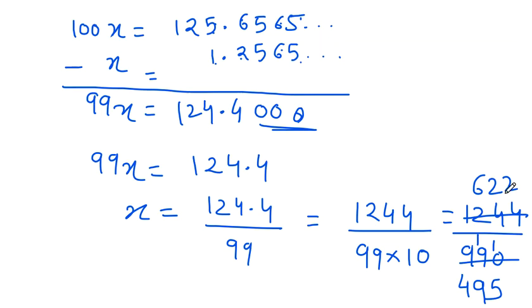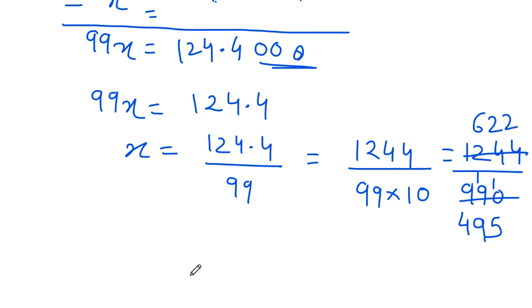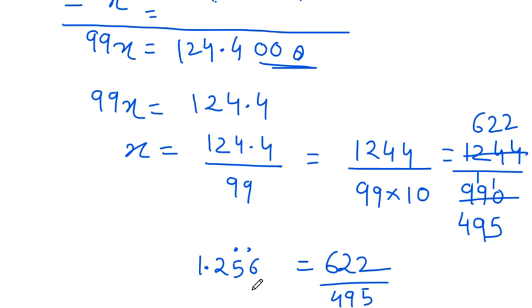So here can you reduce 622 and 495 any further? No. So we will keep this as it is. So the answer is 622 upon 495. And what was the recurring one? It was 1.256 recurring. So we converted this into a fraction, which is 622 upon 495.